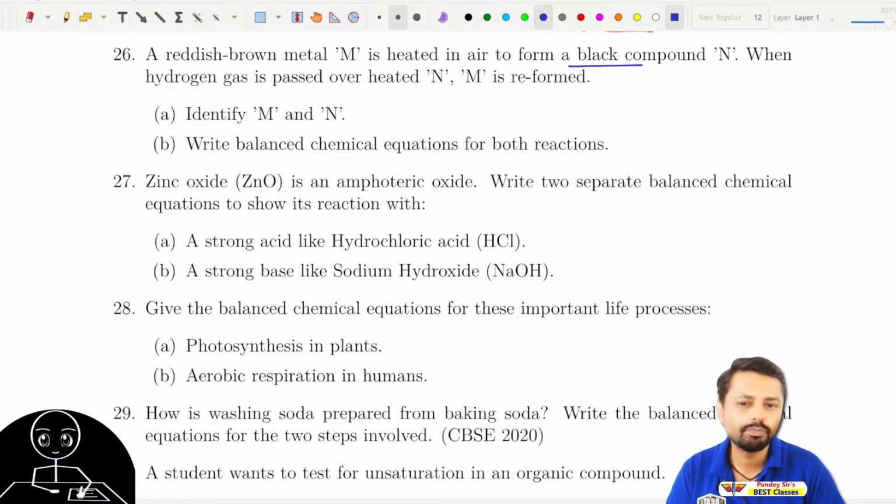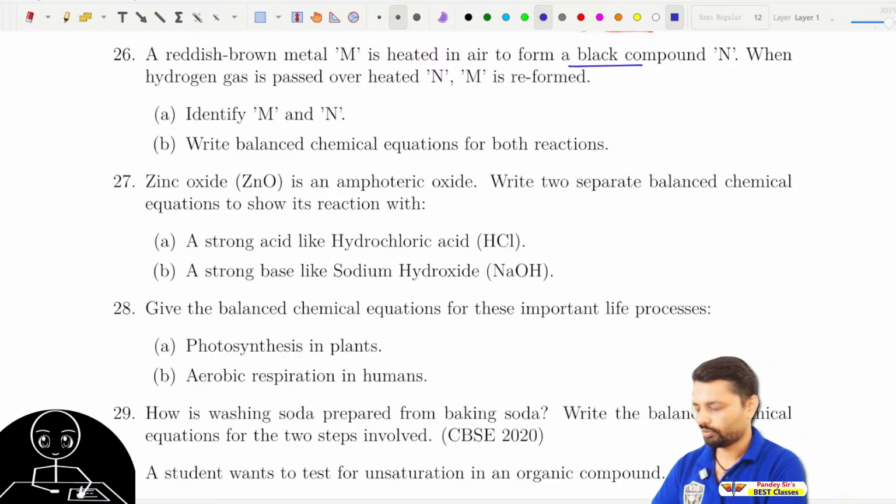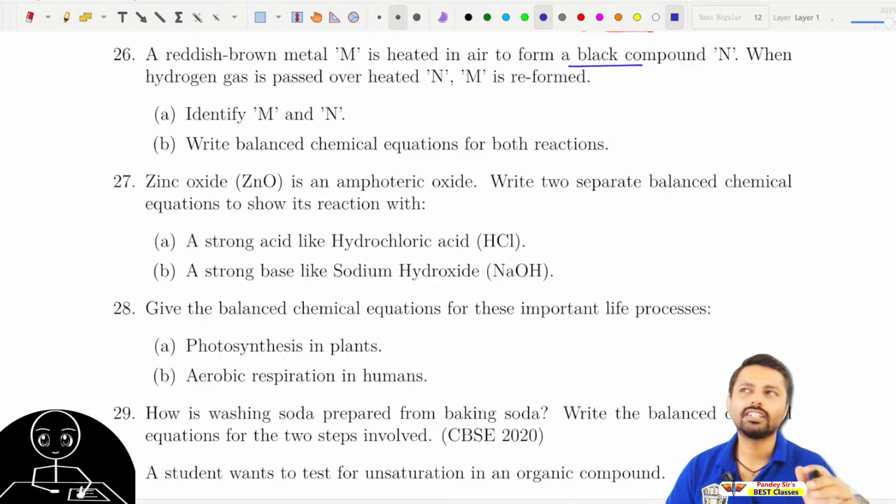Is copper oxide black? Let me check, because reddish brown is copper. I need to cross-check actually. What is the color of copper oxide? It seems to me like dark green or black.